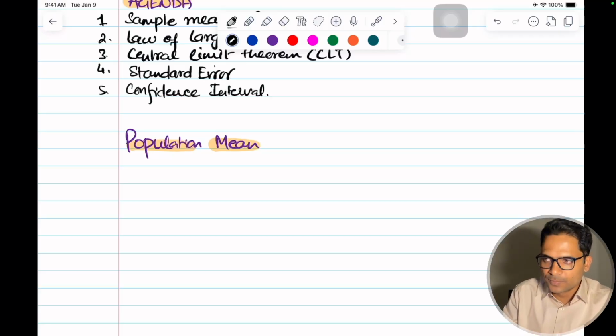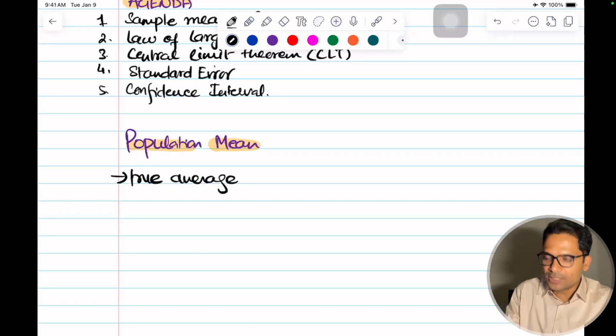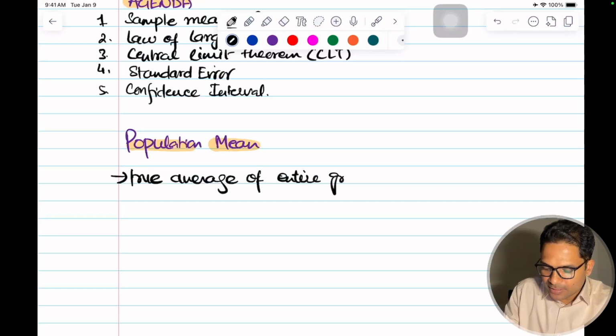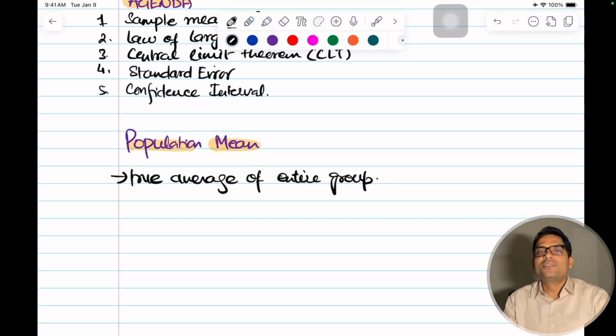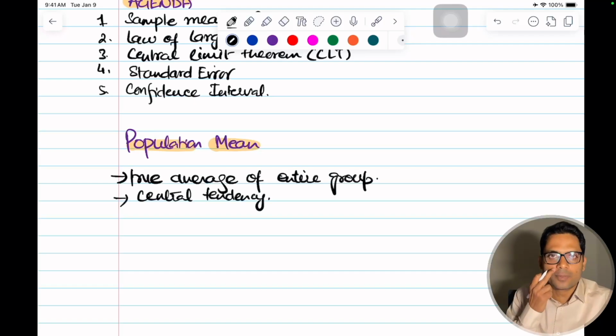That's our target group. So the population mean is the true average of the entire group. Mean means average. It gives me the central tendency of the entire population, which is the balance point, the representative point.